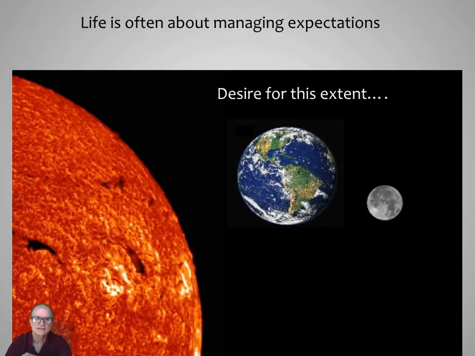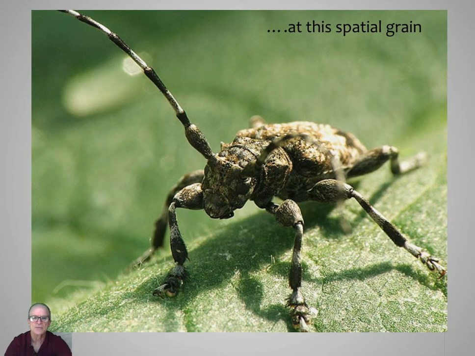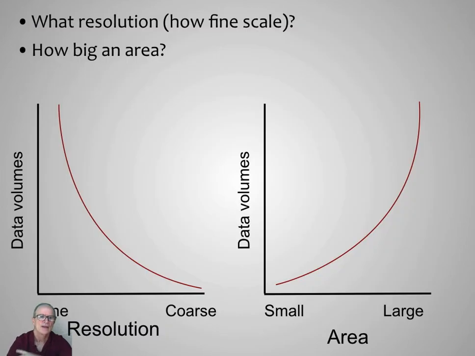The problem is, life's often about managing your expectations, so people want the biggest extent possible and the smallest spatial grain possible. But life's full of trade-offs, you know that. When you have a very fine resolution for a given area, the data volumes really increase, right? You go from coarse resolution, large objects hundreds of meters on the side, to a few centimeters on the side.